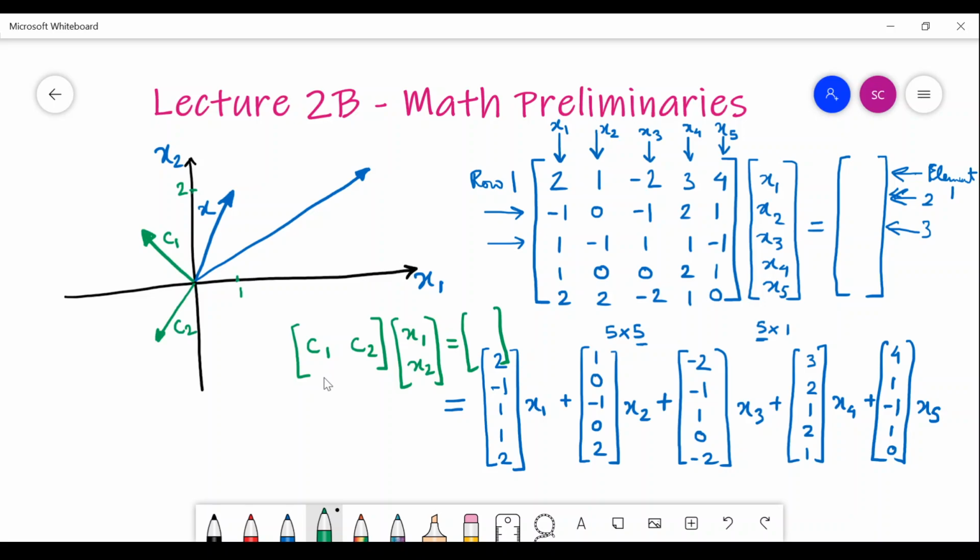So this c1 is basically, here what we are assuming, it is like -1, 1, and the other one, c2, is -1, -1. x1, x2 is what? x1 is 1, x2 is 2.